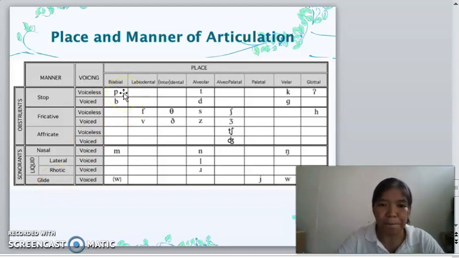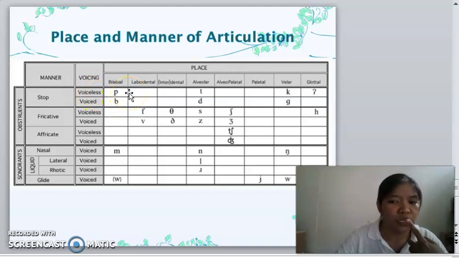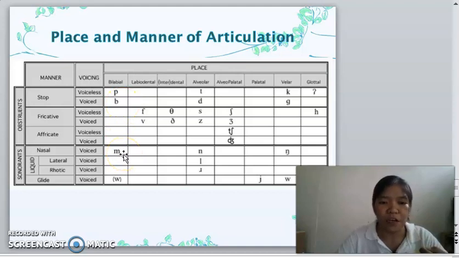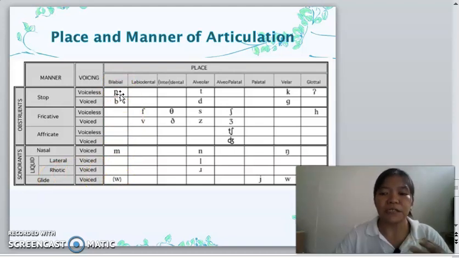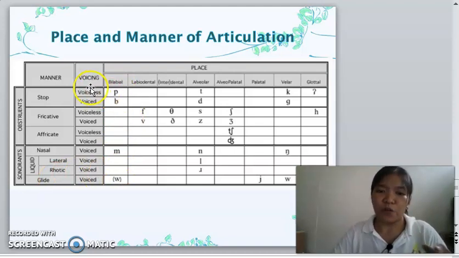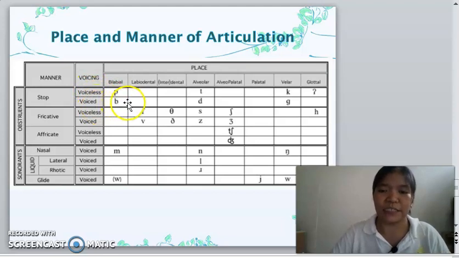Now let's see this one. The sound of P here is a bilabial voiceless sound, since P is produced using the two lips, as with B, as with M. So M here is a nasal bilabial sound. W here is a glide and bilabial. Now let's see if they are voiceless or voiced.